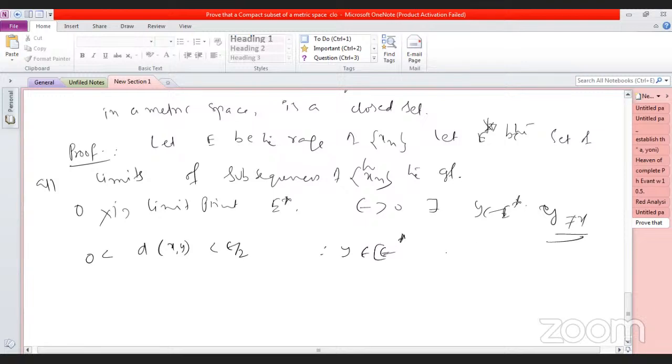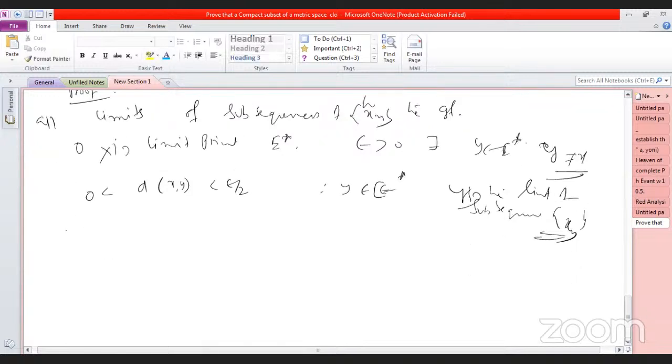So y is the limit of a subsequence of Xn. Yes, y is the limit of the subsequence of Xn, therefore d(x,y) greater than 0.